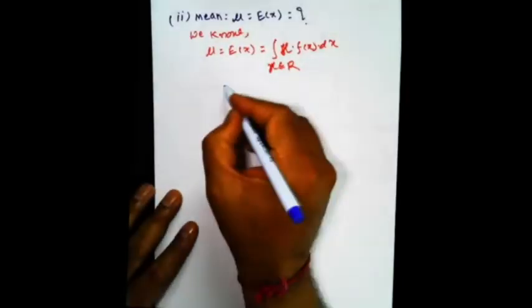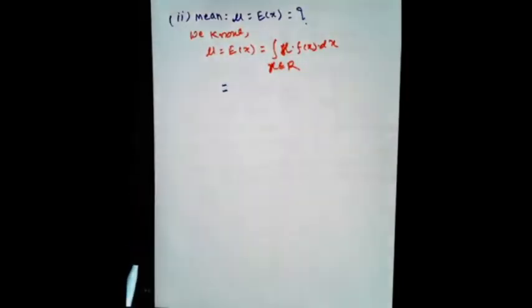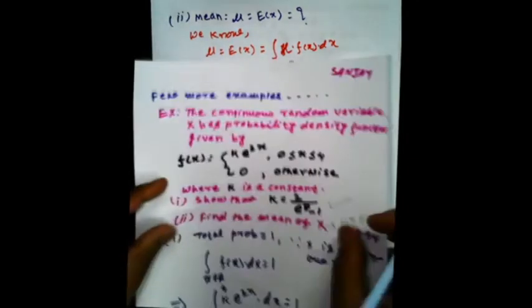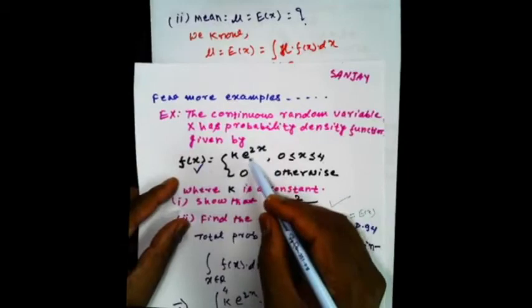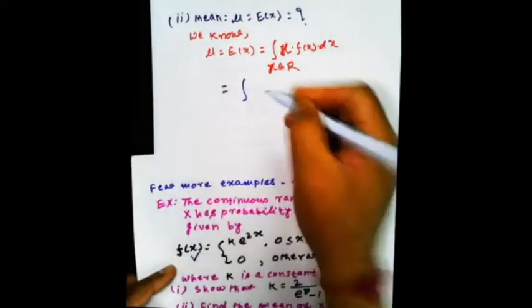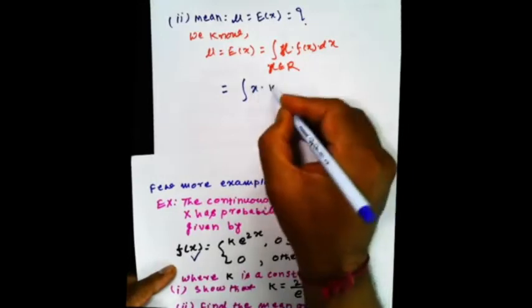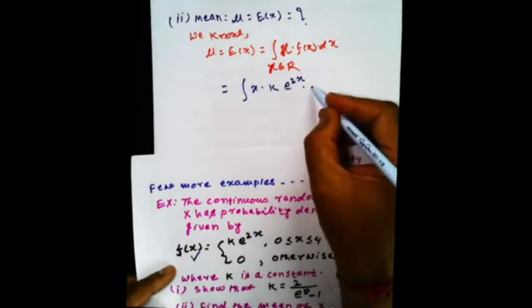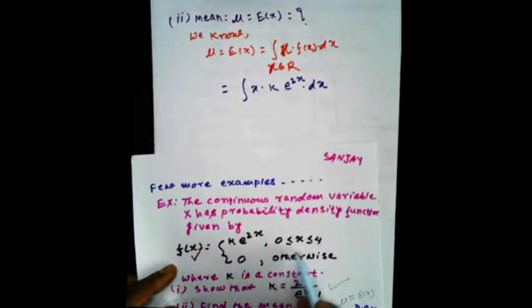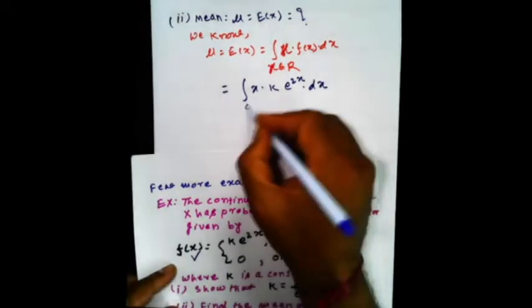Now in this case your function f(x) is k times e to the power 2x. So here we write the integration of x times k times e to the power 2x dx, in the range of values of x from 0 to 4.